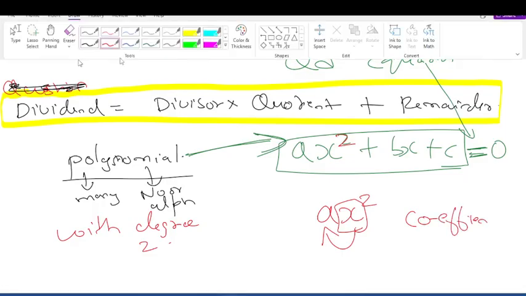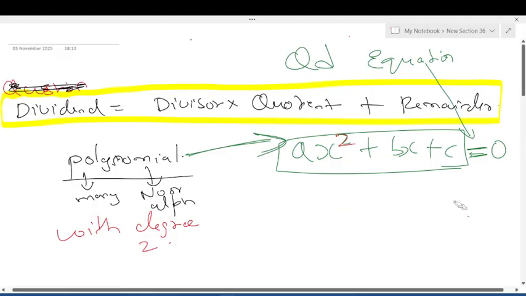Actually, the coefficient a is not a value. Instead of that, I'll give a number here. I'll write it as minus 5x square. What is the coefficient of x square, students? Minus 5. All the numbers that come with the alphabet in a polynomial, you call coefficients. Okay, even this is not required.